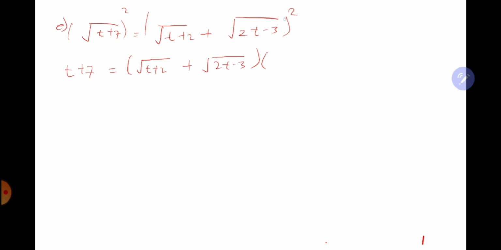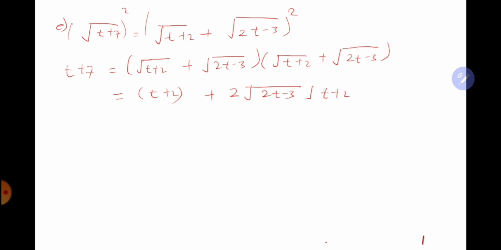This one we square, so t plus 2 plus 2t minus 3, and we will get t plus 2 plus 2 of square root of 2t minus 3 times t plus 2, plus 2t minus 3.